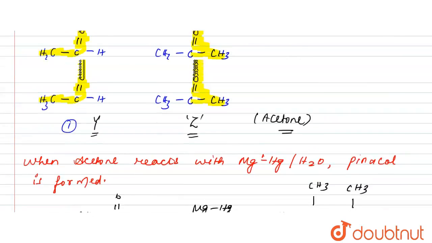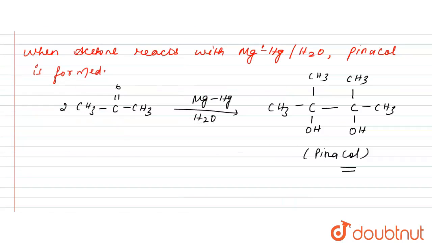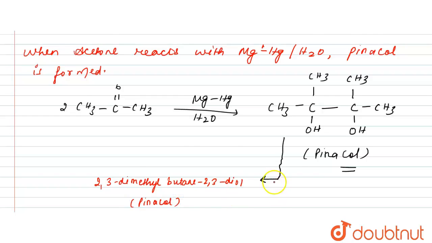So finally, name the compound which is formed. If you want to write down its IUPAC name, it is 2,3-dimethylbutane-2,3-diol.